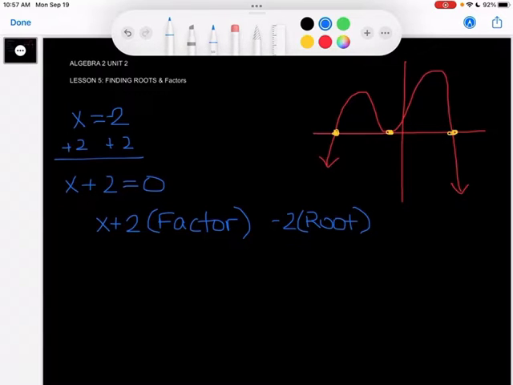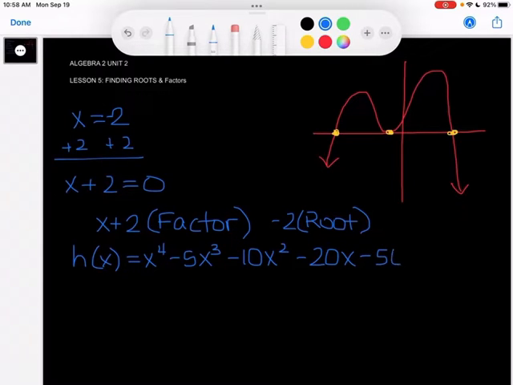For instance, let's look at example 3 from the text. If I have h of x equals x to the 4th minus 5x cubed minus 10x squared plus 20x minus 56.